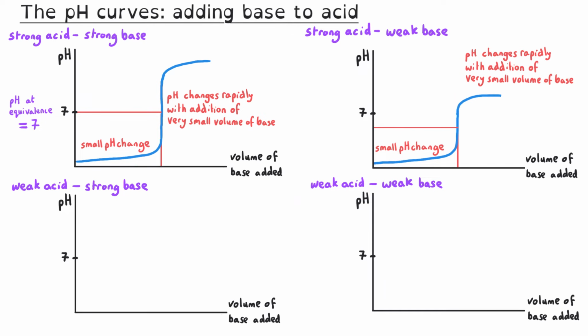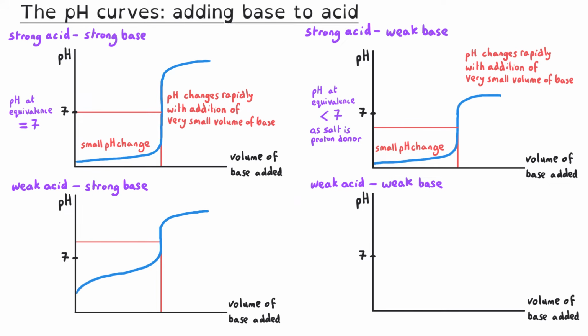Do notice that the pH at the equivalence point, which is halfway up the vertical region, will be less than 7, since the salt of the weak base is going to be a proton donor. And so that means that even though we have neutralized our strong acid, the salt that is produced is not actually precisely pH 7.